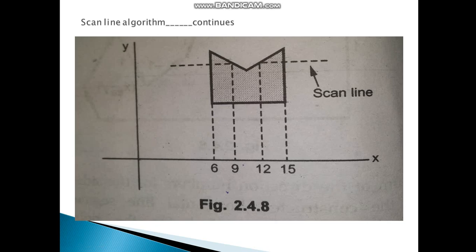Using these pairs, we fill the pixels inside the polygon with color. This portion is one pair and this portion is the other pair, and we fill the color in this portion and also in this portion.